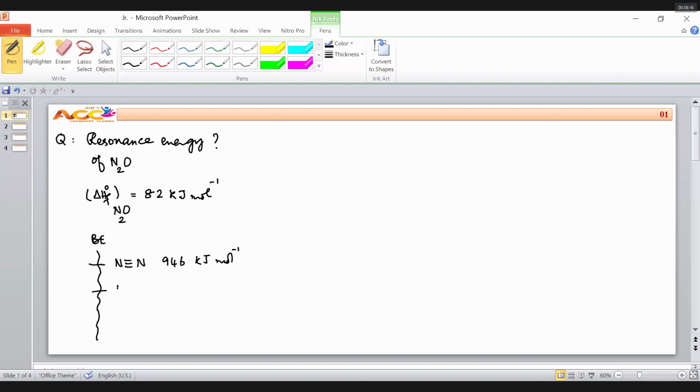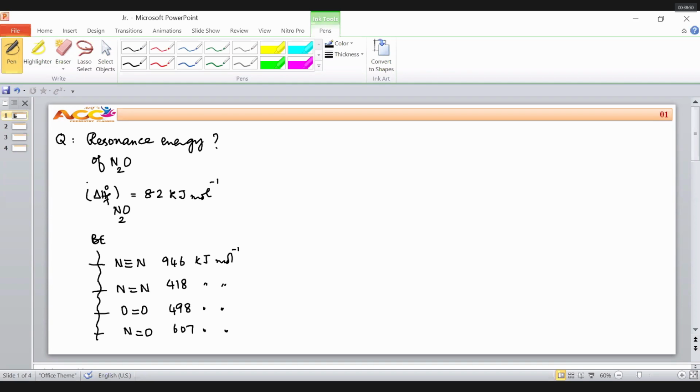N double bond N, 418 kilojoules per mole. O double bond O, 498, and N double bond O, 607 kilojoules per mole.